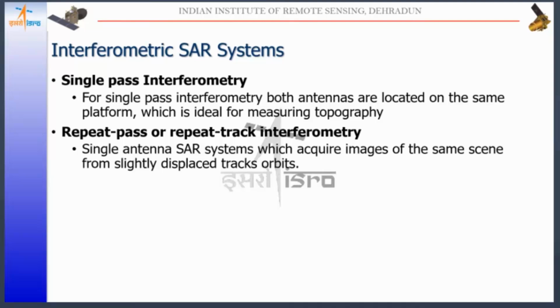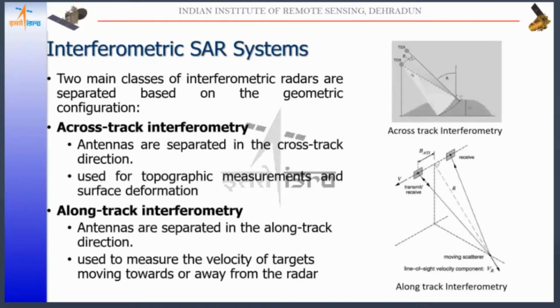In terms of data acquisition, there is a differentiation between across track interferometry and along track interferometry. If the SAR antenna is displaced in the across track direction, that is called across track interferometry. In the SAR image we have two things: one is across track, which is called the range, and the second is along track, which is called the azimuth.